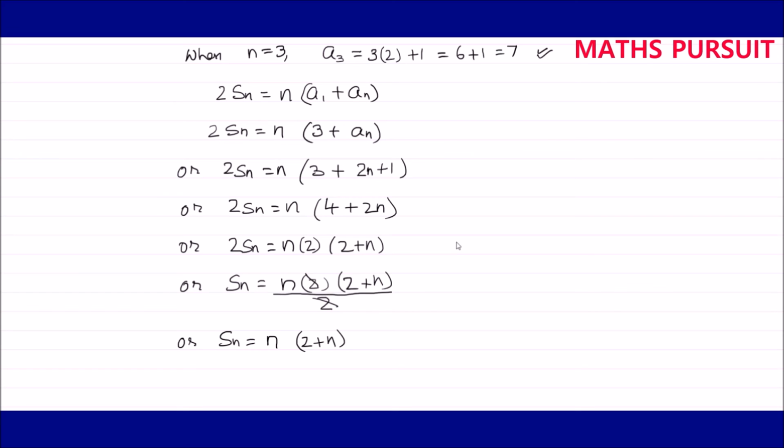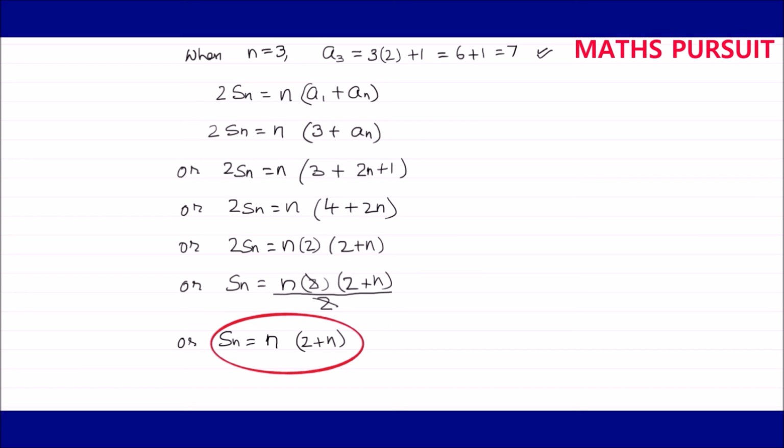If I also multiply, I will get 2n plus n square. Up to that extent is fine. Or else we can leave our answer here itself saying that the value of Sn is n into 2 plus n. So that is the sum of the first n terms of the AP.